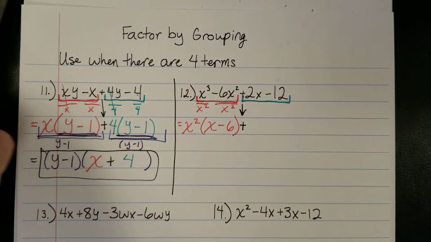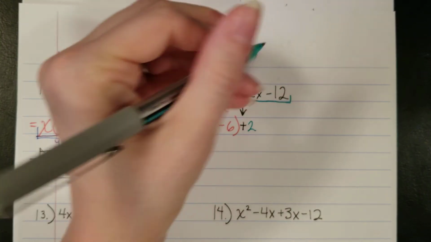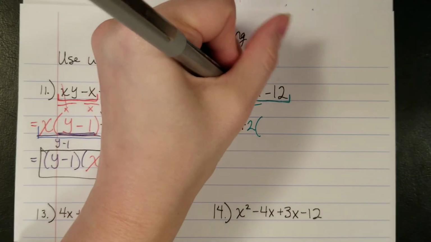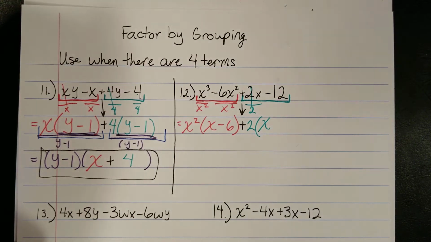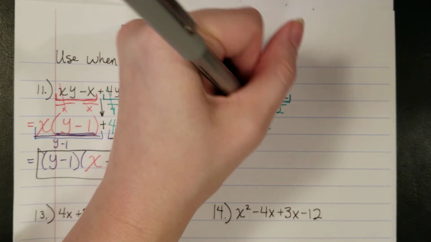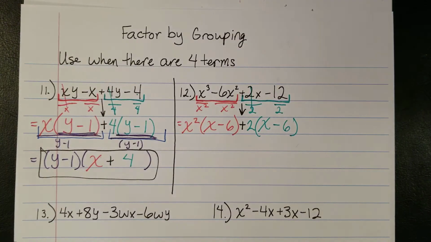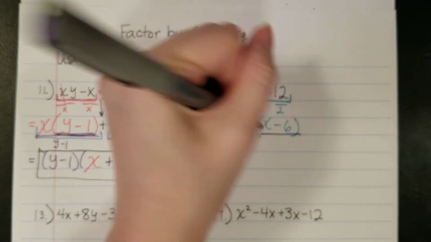So the GCF for the second group is 2. So write down your GCF, open parentheses, divide that by 2. The 2's cancel. So that would just bring down the x. Divide that by 2, and that would be negative 6. Okay. So now your GCF is x minus 6.